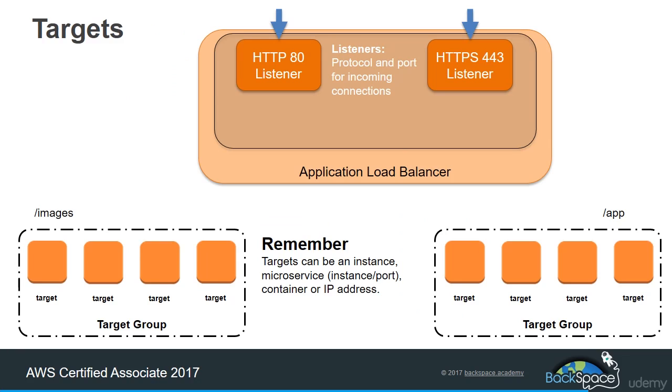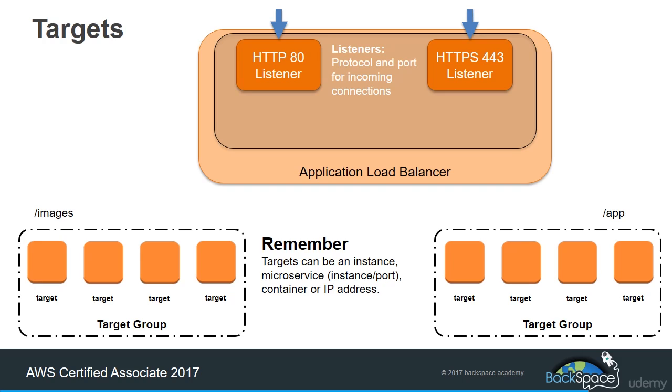So with elastic load balancers, we still have listeners as we had before with a classic load balancer. We would have a port 80 listener and a port 443 listener if we're looking for HTTP and HTTPS traffic. And so that again defines a protocol and port for those incoming connections. But we also have what we call targets and target groups. A target can be anything.